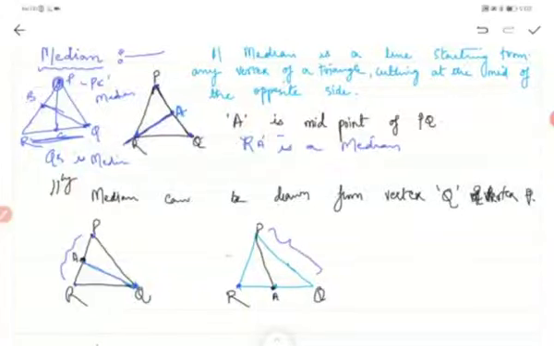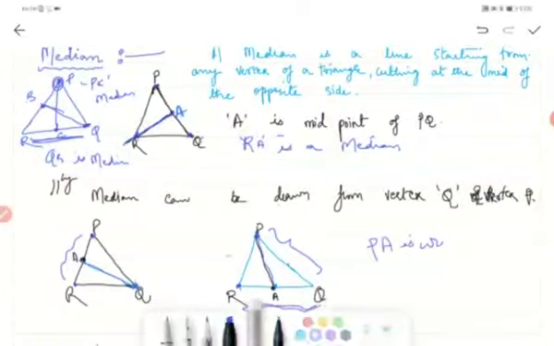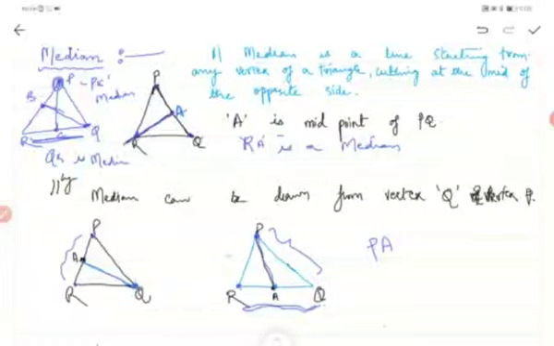PQ. Opposite side of P is what? RQ, isn't it? So when a line is coming and cutting at the midpoint of the opposite side RQ, your PA will become a median. PA is called a median. If it is not cutting at the midpoint, you don't call it a median.